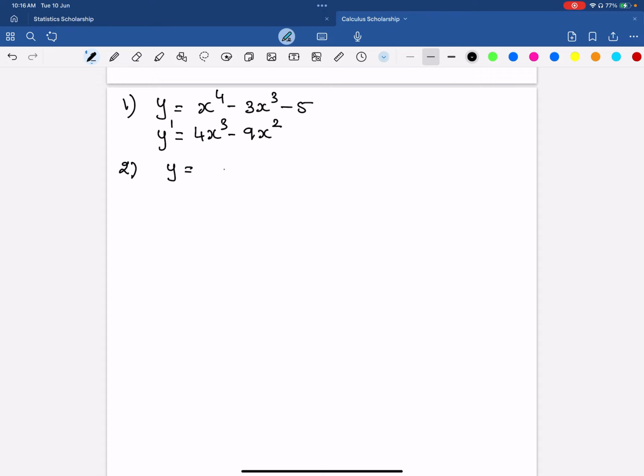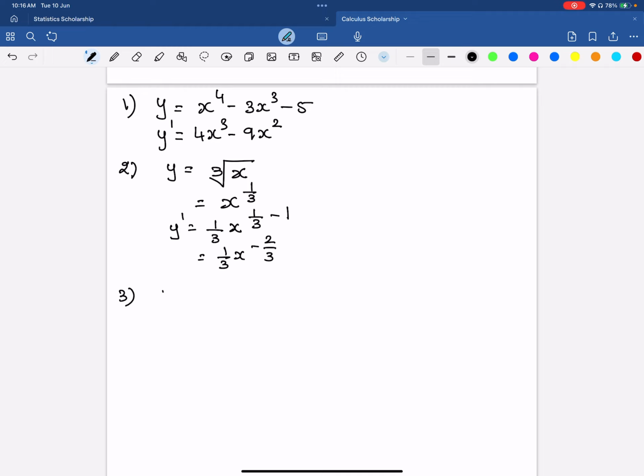So now what I'm going to do is make it a little bit more complicated and say, what if we have a cube root? Doesn't matter. It is to the power of 1/3. So your y dash will be 1/3 x to the power of 1/3 minus 1, which is 1/3 x to the power of negative 2/3. As I said, when it comes to fractions, please feel free to use a calculator.